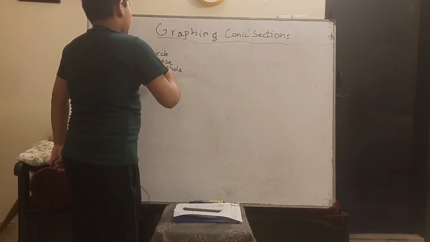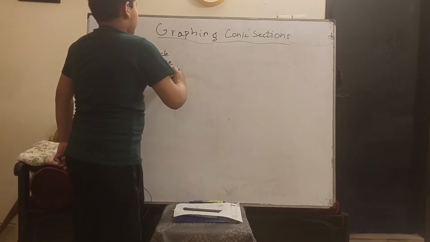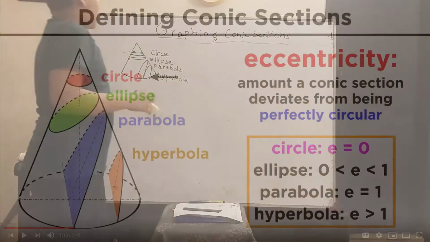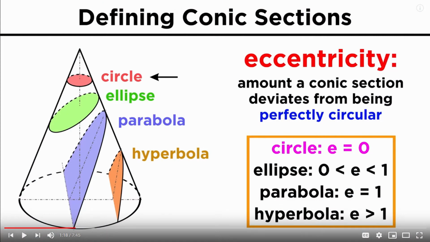and we can measure them by their eccentricity, which is how far it is from being a perfect circle. Now a circle would have an eccentricity of 0, since, well, it is a perfect circle after all.